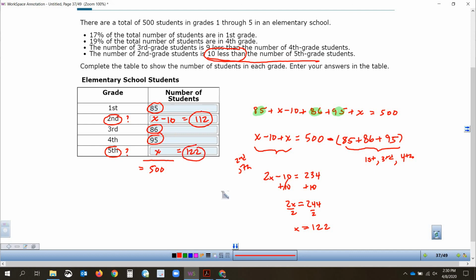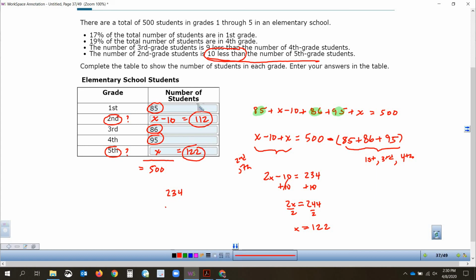When I add those together, I better get 500. Well, I already know that 85 plus 86 plus 95 equaled 234, right?